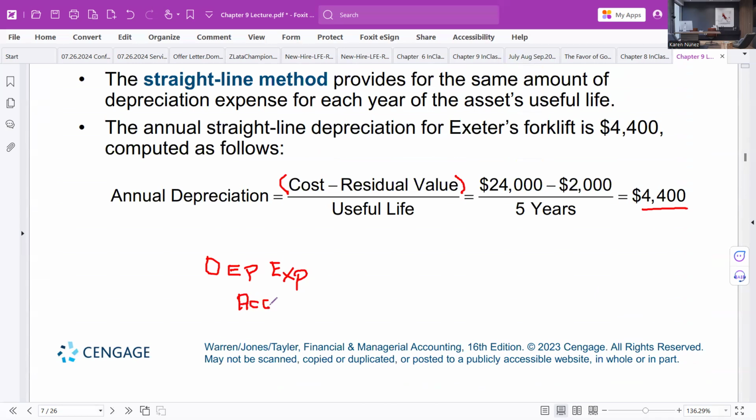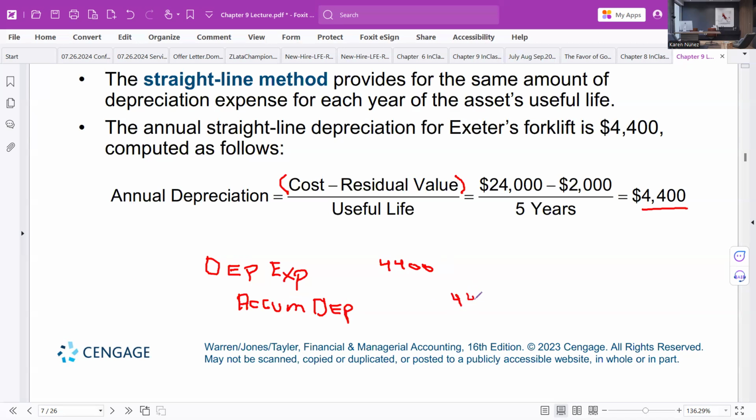In this case, it's $4,400 of depreciation expense: debit depreciation expense, and credit accumulated depreciation for $4,400.